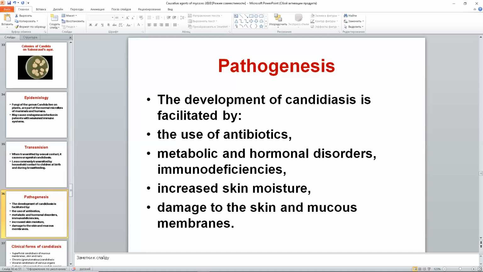Metabolic and hormonal disorders, immunodeficiencies, like diabetes mellitus, for example, lead to candidiasis. Increased skin moisture in countries with hot climate, Candida are able to multiply on the skin, and damage to the skin and mucosa membranes. Any lesions on the skin and mucosa membrane allow Candida to multiply.